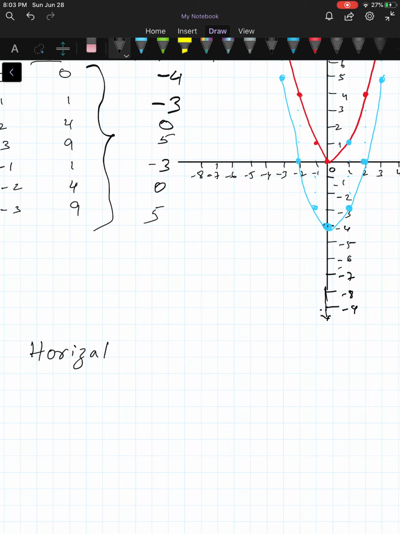So you can see that the graph shifts either towards the right or towards the left of the original graph. So let us define the horizontal shifts of graphs.